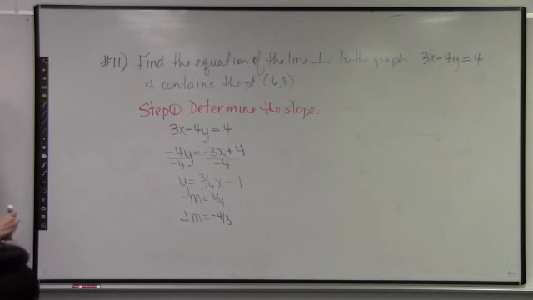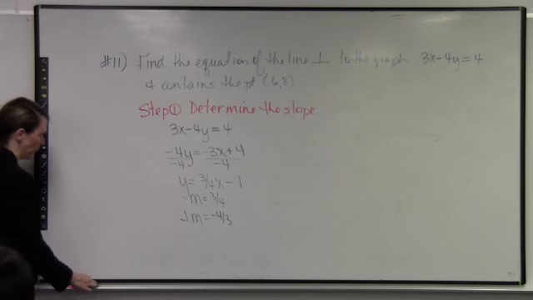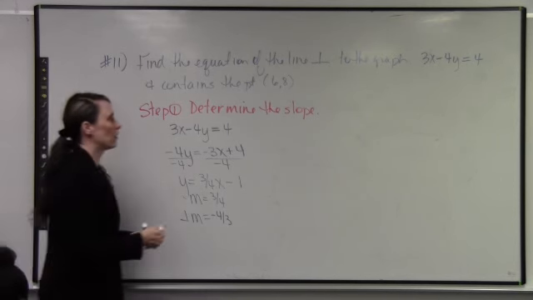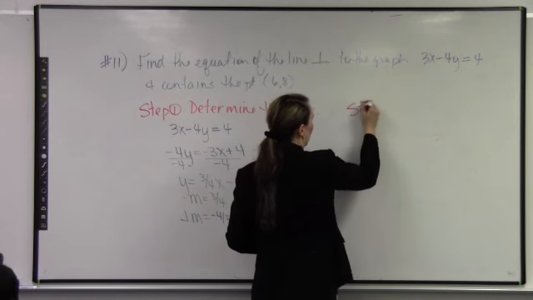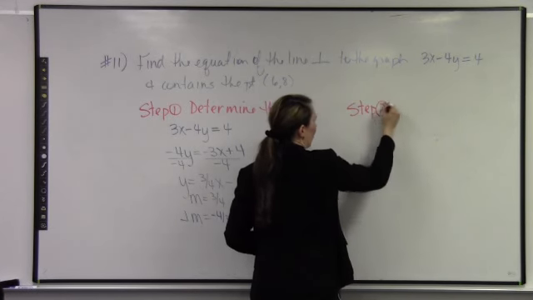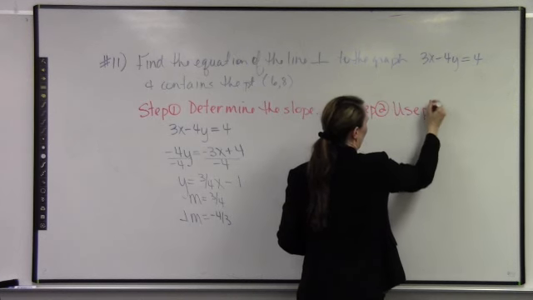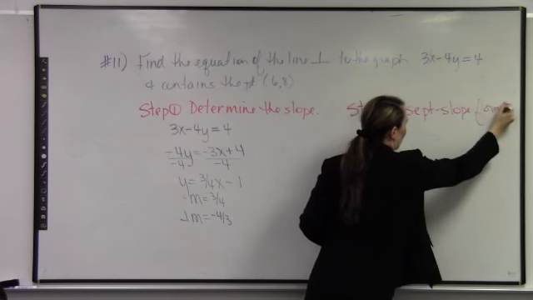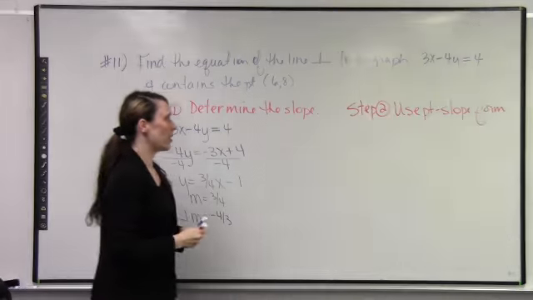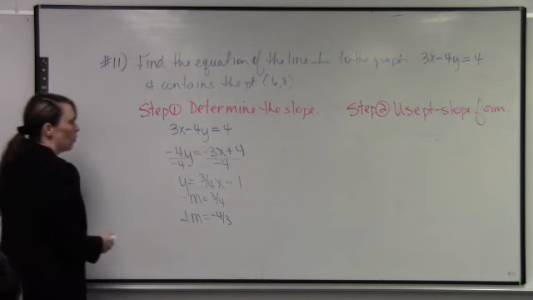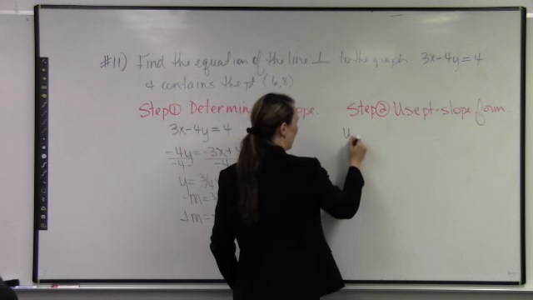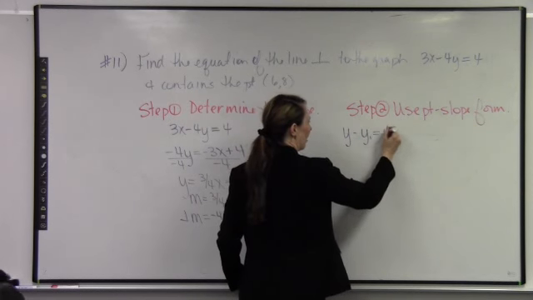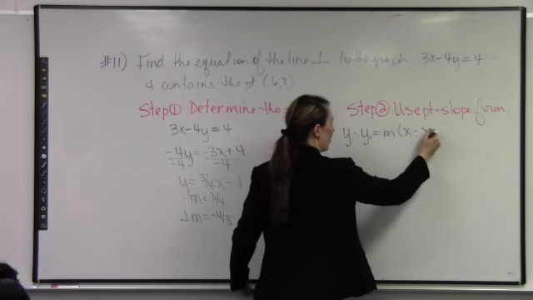All right, we've got to move on to step 2. We're going to use the point slope formula, which is y minus y sub 1 equals m times x minus x sub 1.